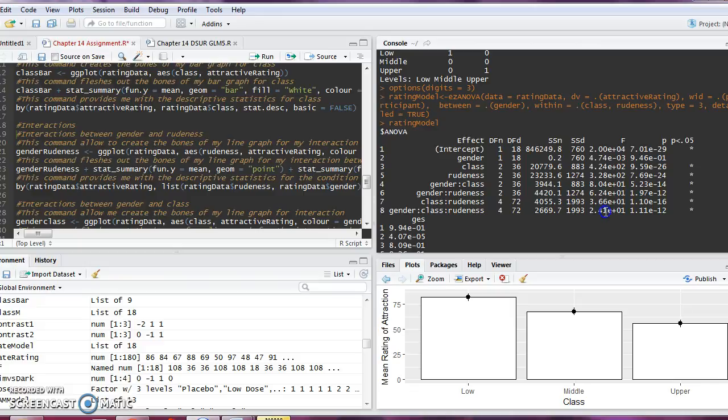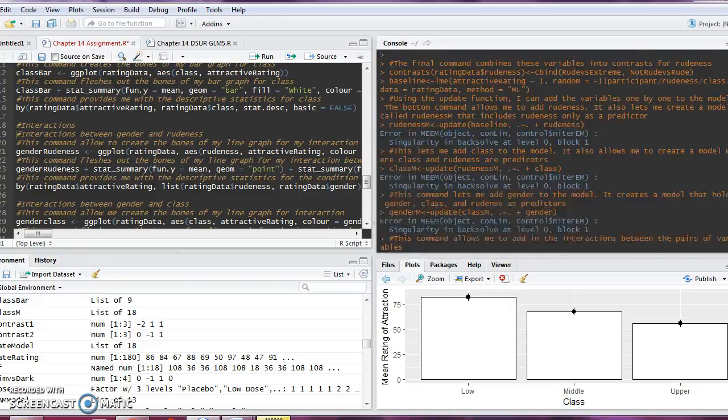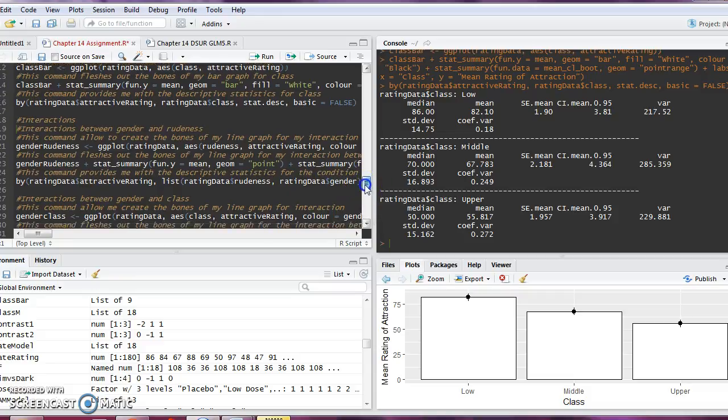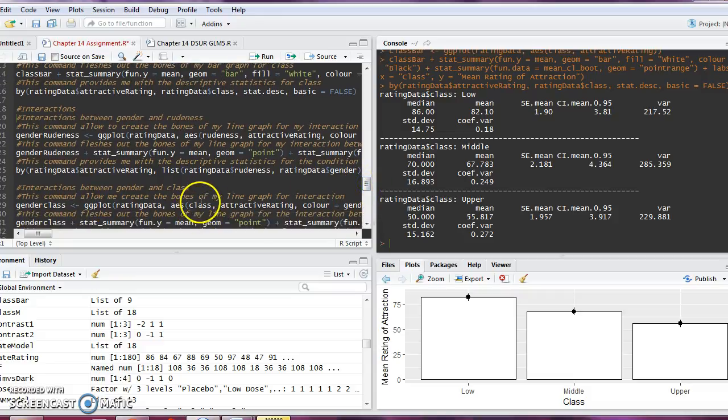So now that we squared that away, going back down, we're going to create a line graph to show that interaction.